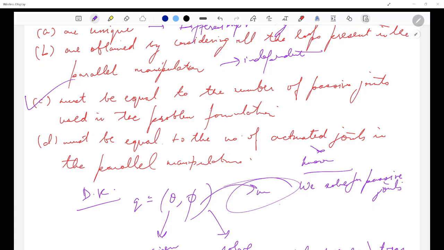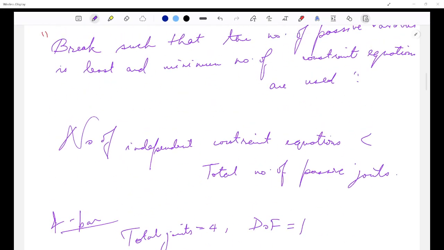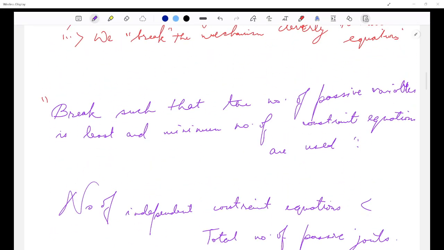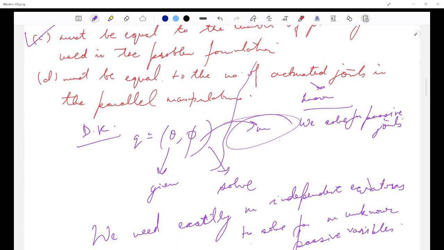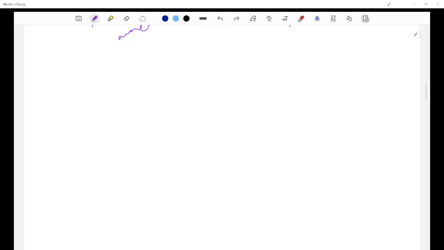So again, I would like to reiterate what we had seen. Break such that the number of passive variables is least and the minimum number of constraint equations are used. So all in all, what do we understand?